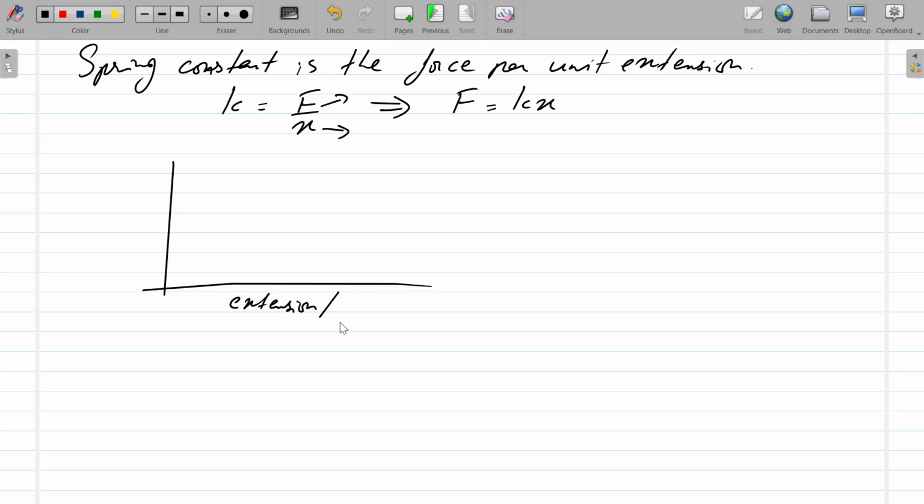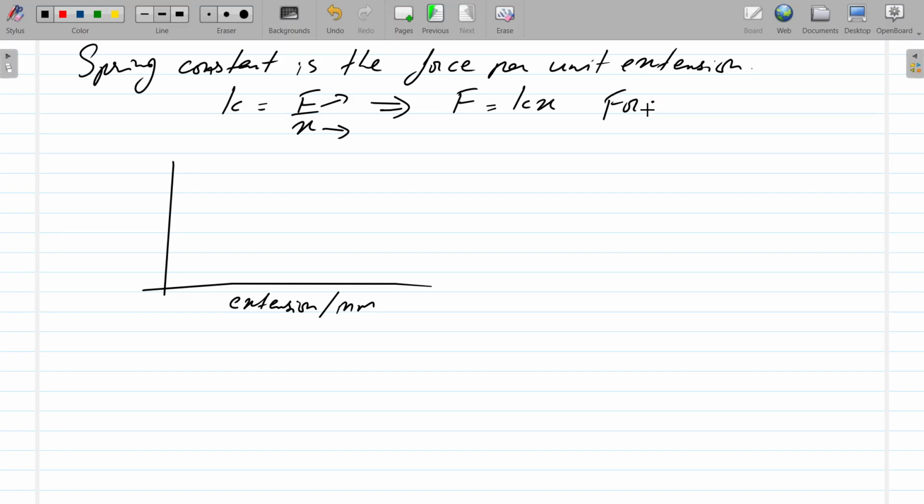One thing I forgot to mention: the spring constant is the force per unit extension, and it is the force which needs to be applied to a spring to cause an extension of 1 meter.